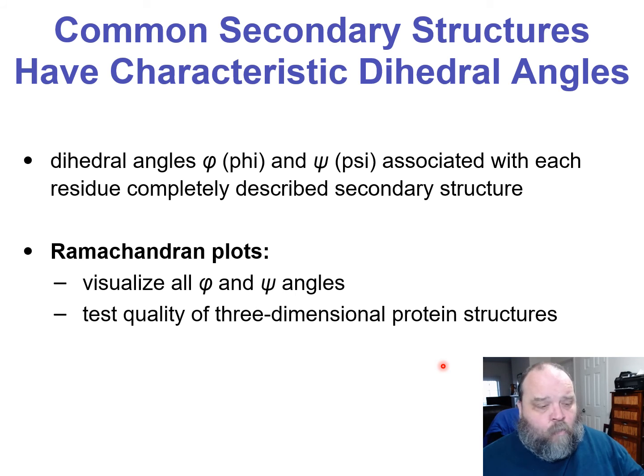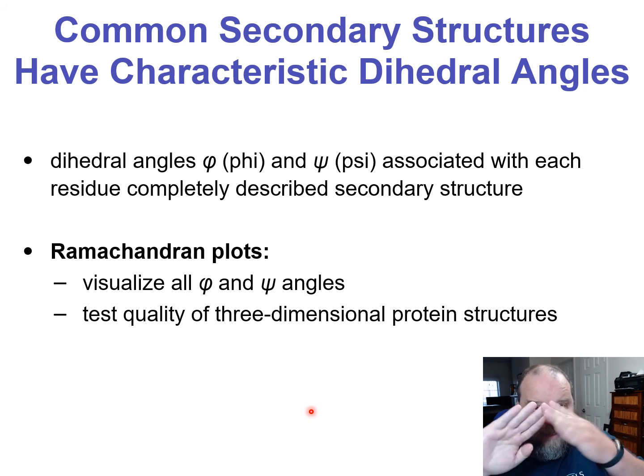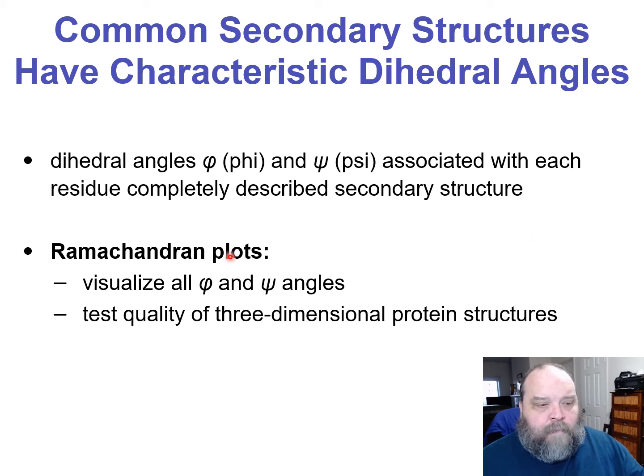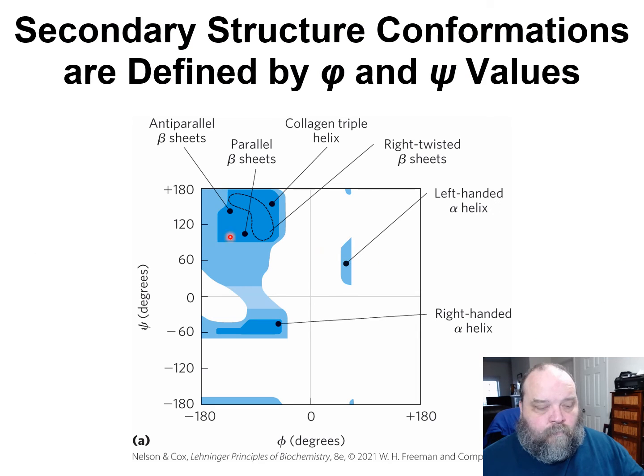Some very intelligent biochemists, way more intelligent than I could ever be, back in the 60s sat down and, using the technology of the day, were able to calculate for each amino acid the phi-psi angles. And they came up with what we refer to as a Ramachandran plot. Phi here on the x, psi on the y.